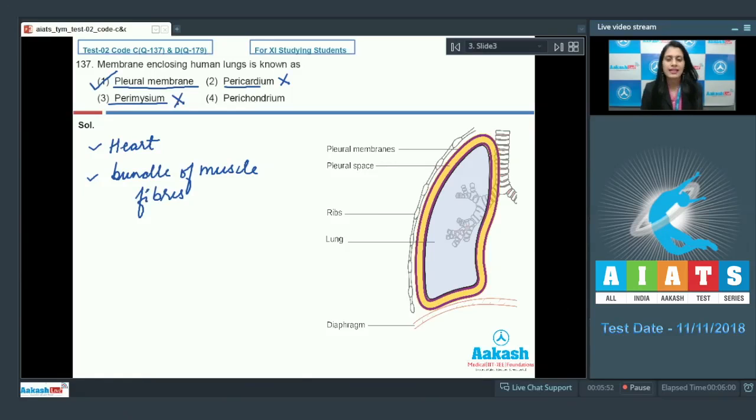So this cannot be a correct answer. And the last option is perichondrium. And perichondrium is a membrane which encloses cartilage. So this cannot be a correct answer. So the correct answer for this question is option number 1. Let's proceed to the next question.